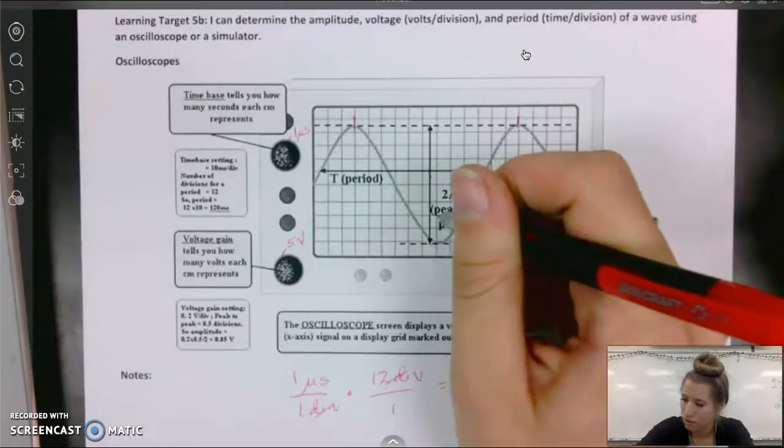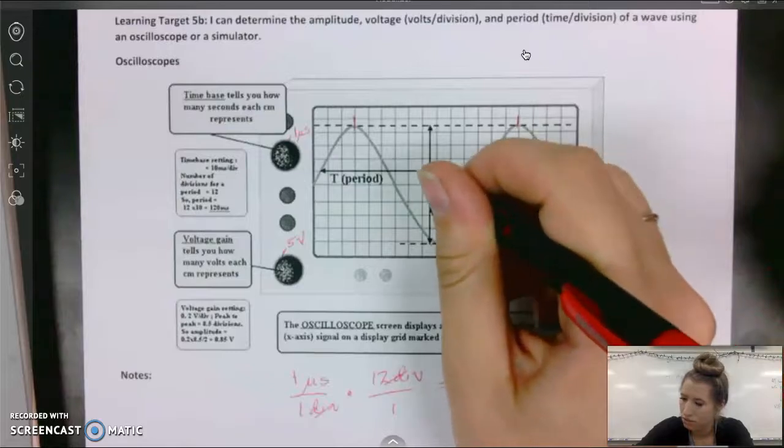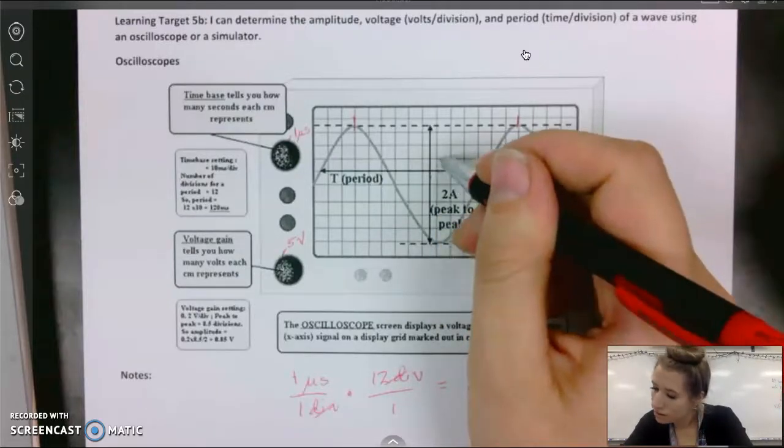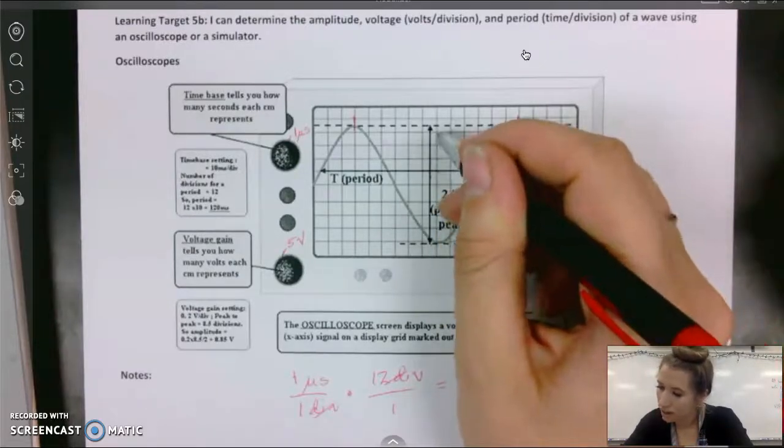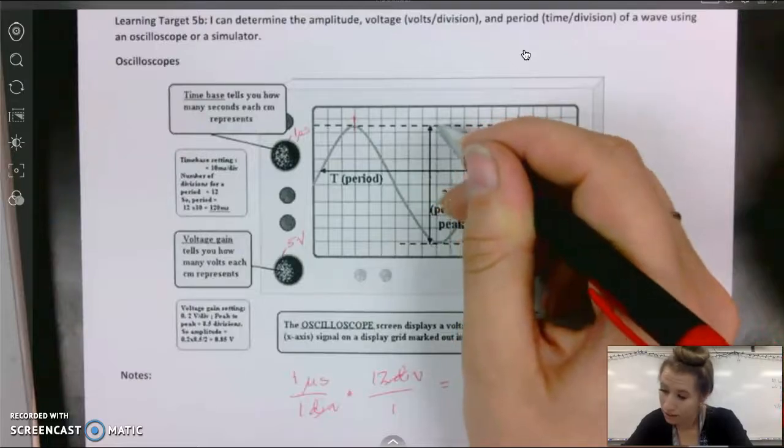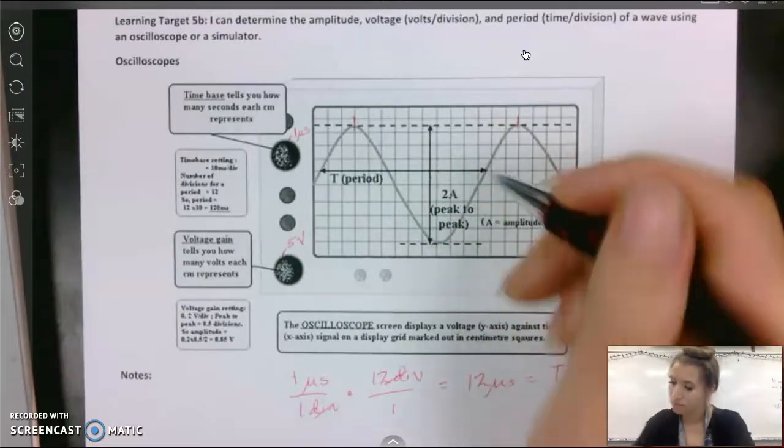So how many divisions do we have from peak to peak? It'd be 1, 2, 3, 4, 5, 6, 7, 8.5, right? Kind of right in the middle there.